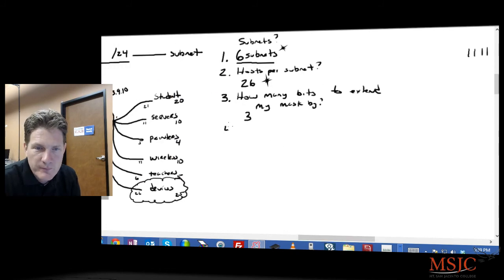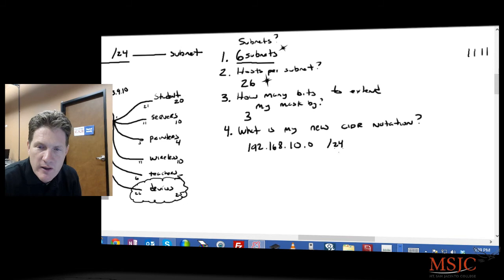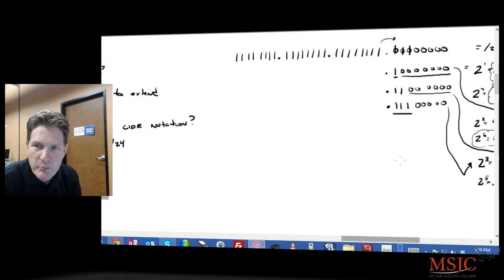Number 4. What is my new CIDR notation? So it was going to be 192.168.10.0/24, but because I borrowed 3 bits, it's no longer a 24, right? 24, 25, 26, 27.